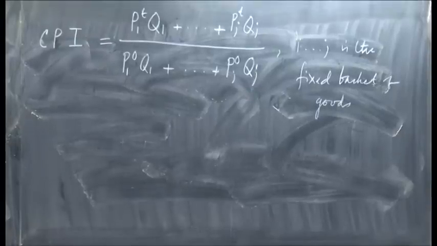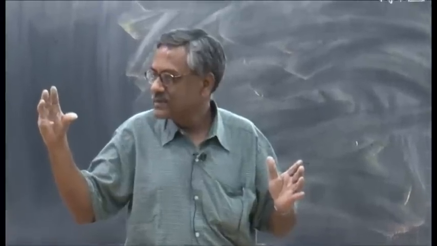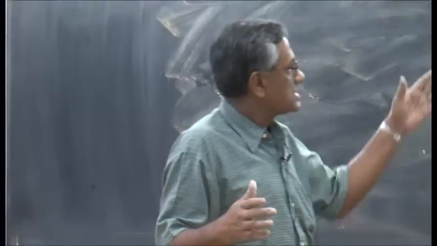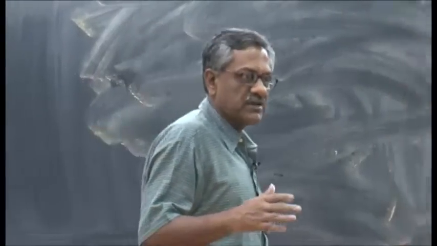So there is no superscript here, Q1, no time period script, because you are not allowing the fixed basket to change over time. We don't have that. There's nothing that is changing over time. It's fixed.